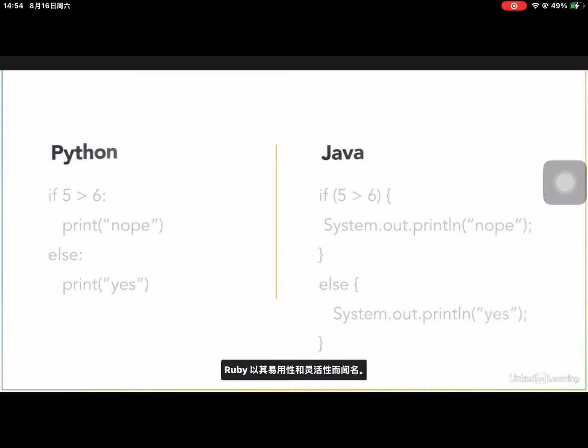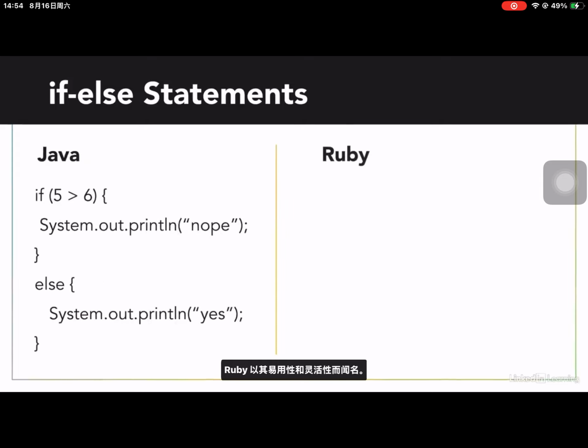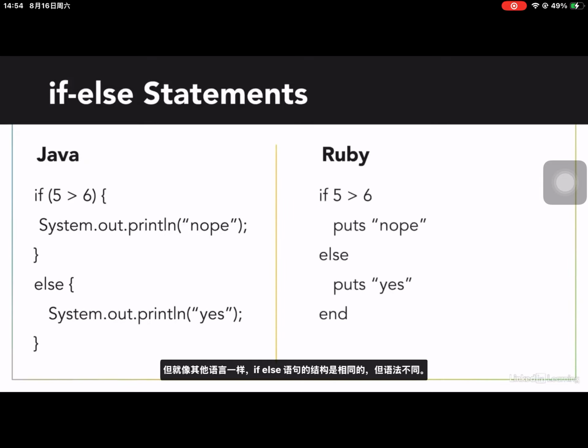Ruby is known for its ease of use and flexibility. But just like the other languages, the structure of the if-else statement is the same, but the syntax differs. With Ruby, there are no parentheses or colon to separate the condition. Even the else clause just stands on a line all alone.